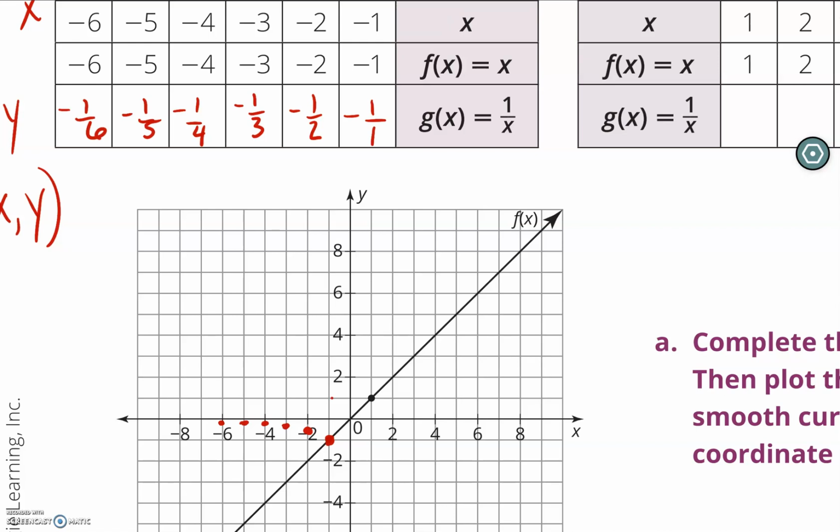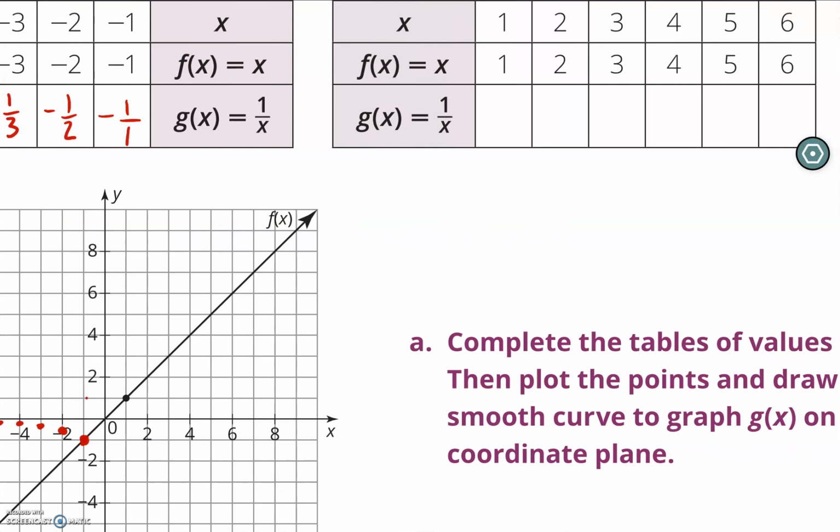It's getting really close, but it will never hit 0. It'll get super close, but it's never going to hit 0.